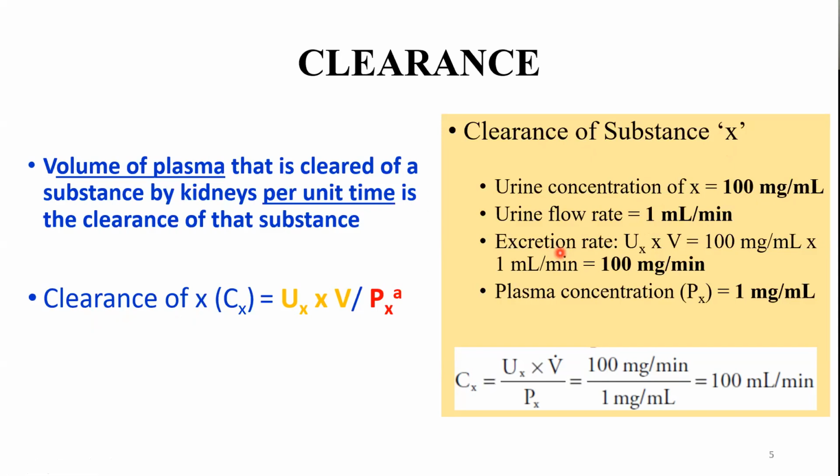When you multiply the amount of this substance in the urine, which is 100, into the rate of urine formation, which is 1 ml, you simply get 100 milligram per minute. But now you get a rate. So it's very important that you concentrate on the units here. They become tricky as you go through certain scenarios that may come in MCQs and SEQs.